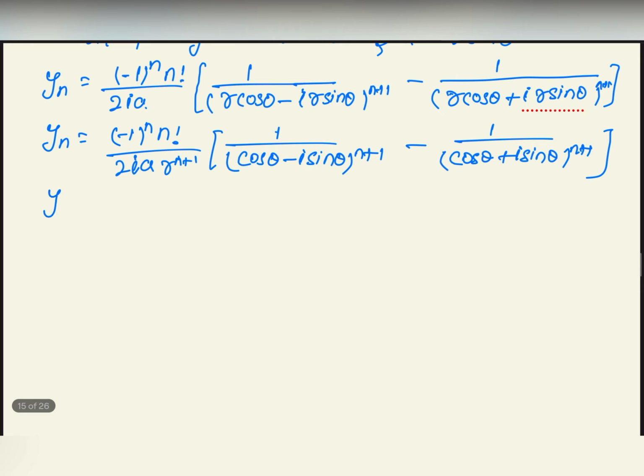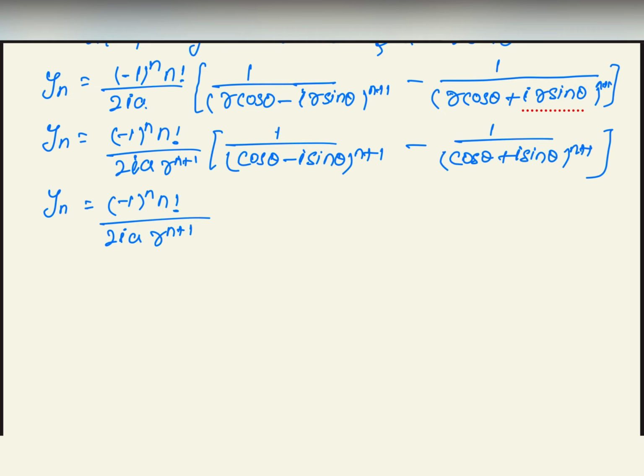So yn is equals to minus 1 to the power n factorial 2ia r to the power n plus 1.